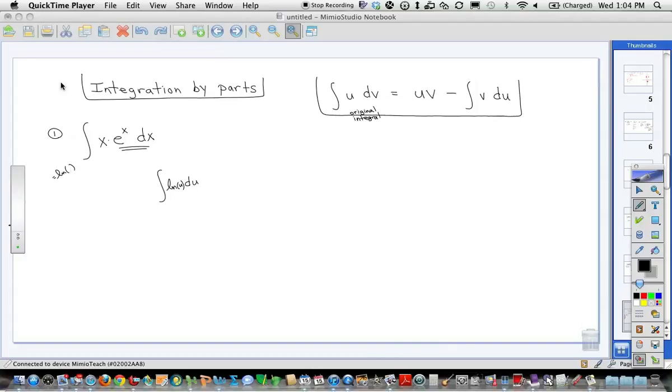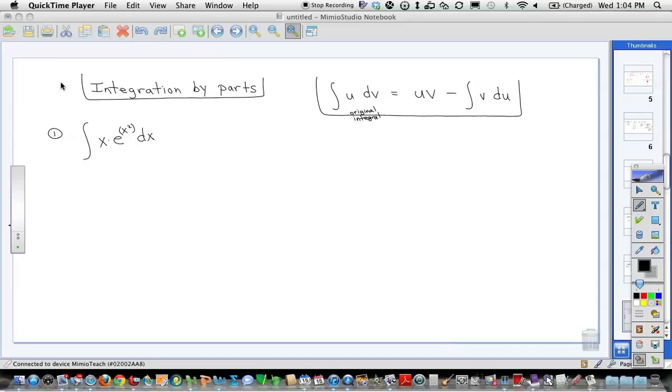Now, sometimes it's a very fine line between what will work with u substitution and what won't. For example, what if this problem was this? What would you do? You'd let u equal x squared, because then the du is 2x dx.